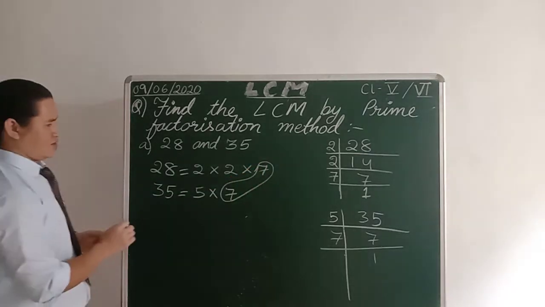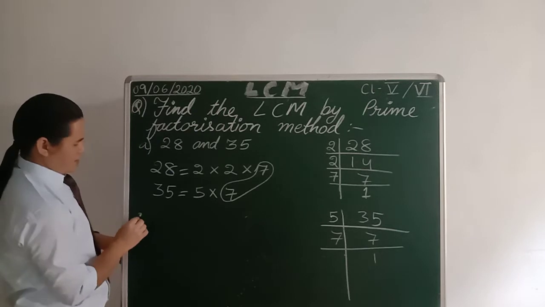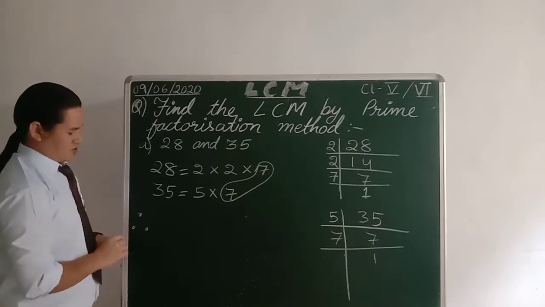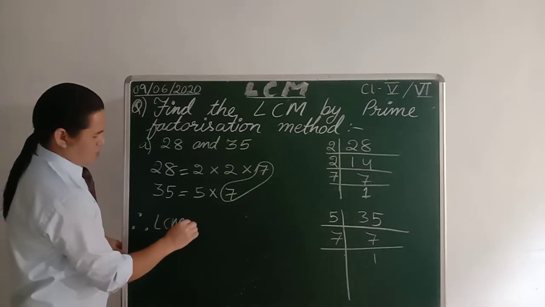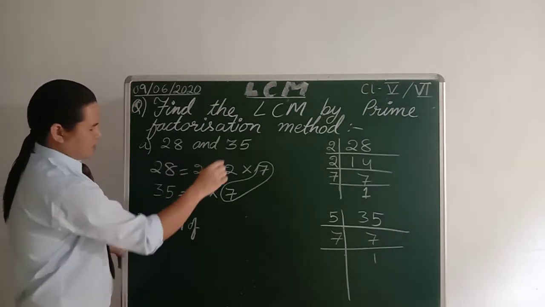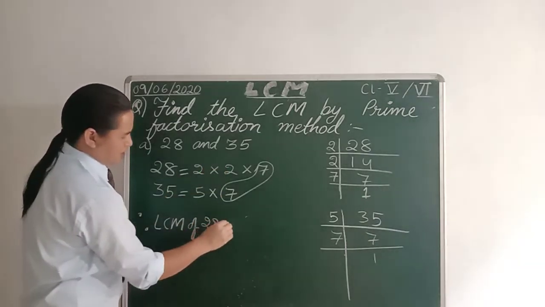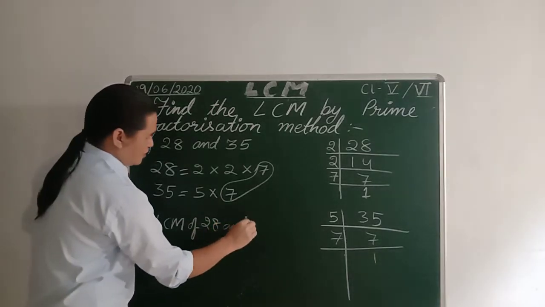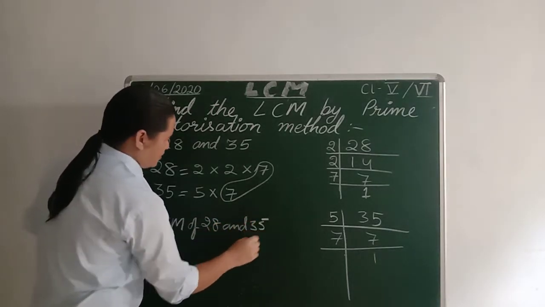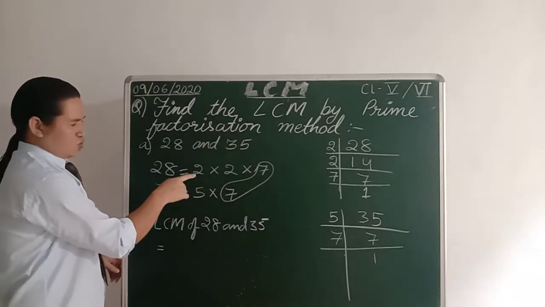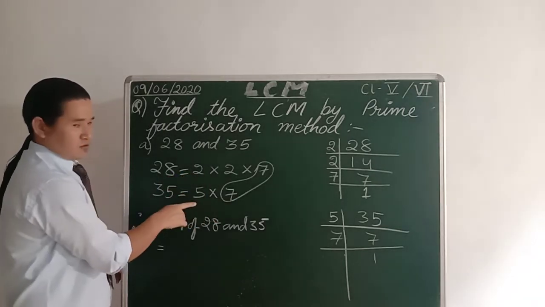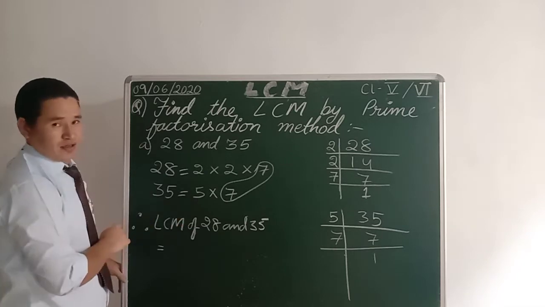After that, to find the answer, therefore, LCM of 28 and 35 equals to... now 2 is here, we don't find a 2 in the other, but you have to write the 2 here.